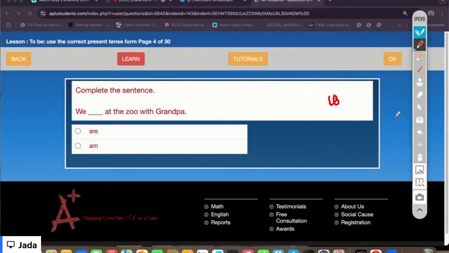Yeah, inclusive. So we are at the zoo with grandpa. Okay.